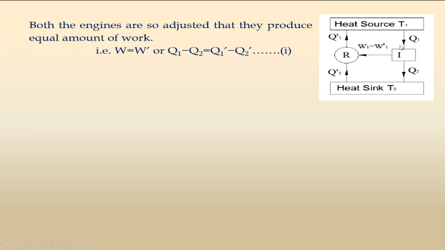The irreversible engine will work in the forward direction, the reversible engine will work in the reverse direction, and they are coupled so that work generated by the irreversible engine is equal to the work required by the reversible engine. Both are made equal. So W is equal to W dash. In the form of equation, Q1 minus Q2 must be equal to Q1 dash minus Q2 dash. So this is the first equation.